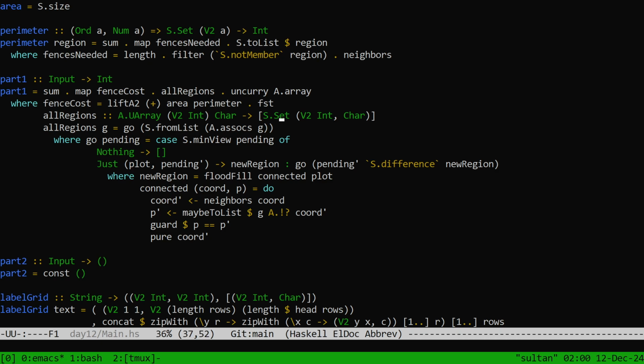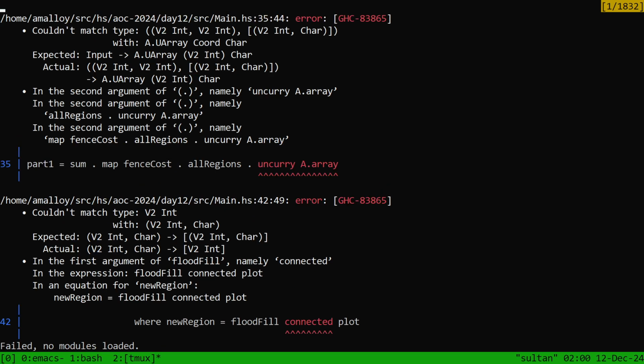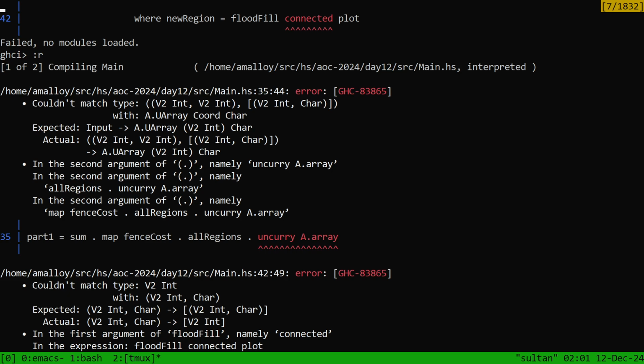First doesn't belong there. I have to like fmap first or something. Because it's getting a set of pair of Int and Char, but it only really wants a set of pair of Int, or V2 of Int. So I think actually I want fmap first here.